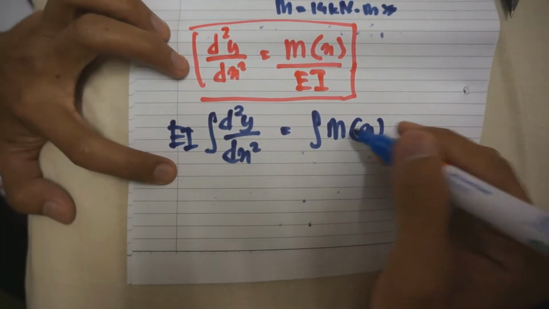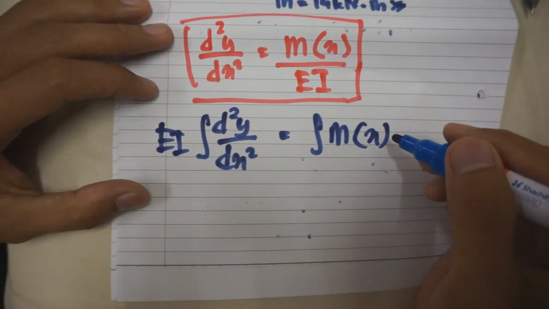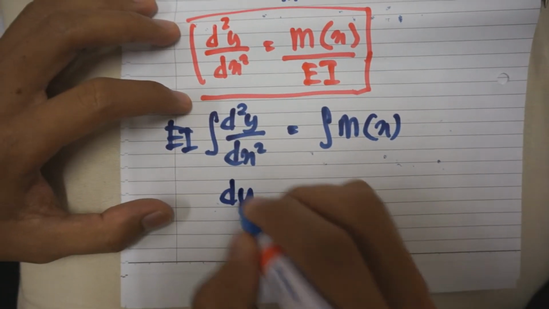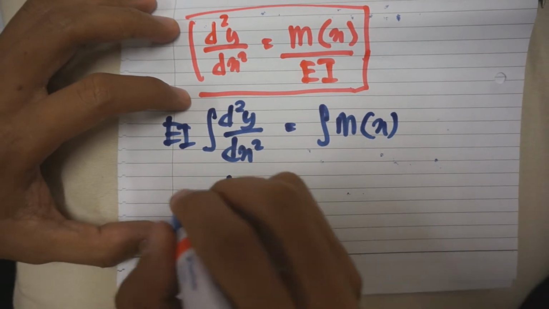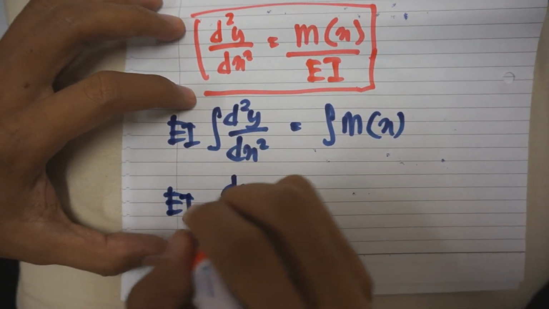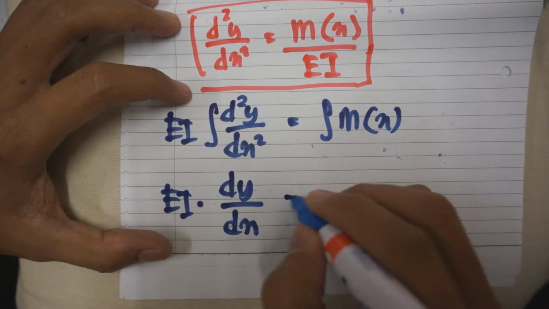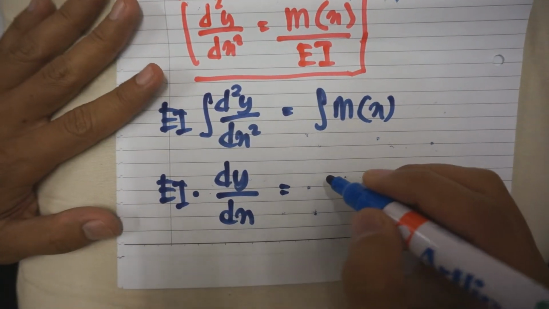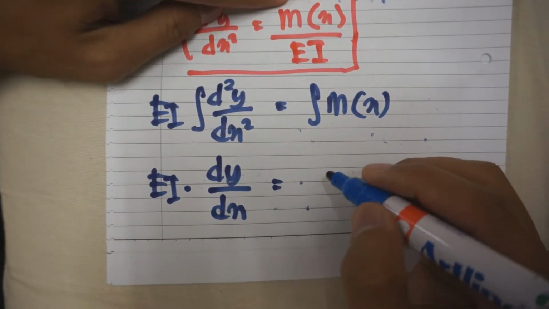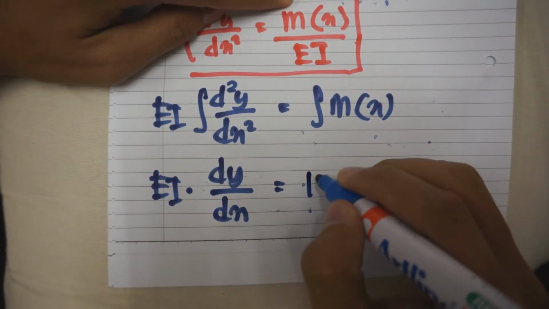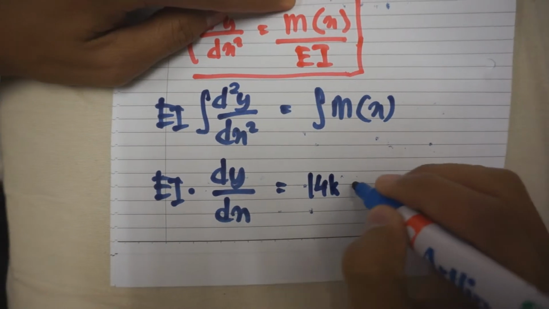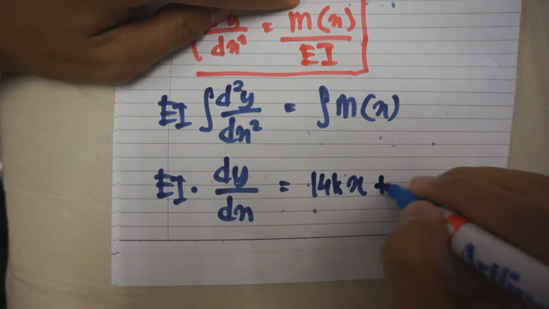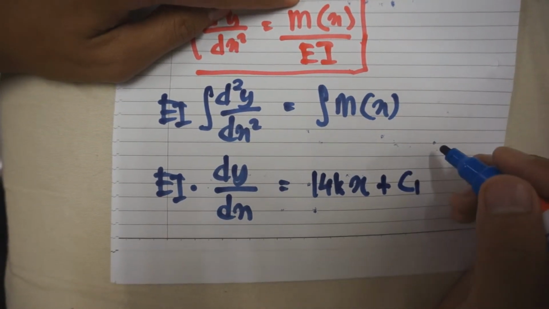M of x is the moment at x. So after the integration, we will get dy over dx. Don't forget the EI, we have to multiply it, equals the moment at x. What is the moment? The moment is 14kx. After integration, we will get x plus C1.